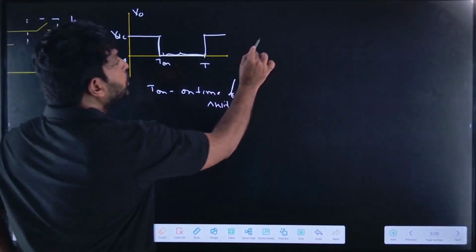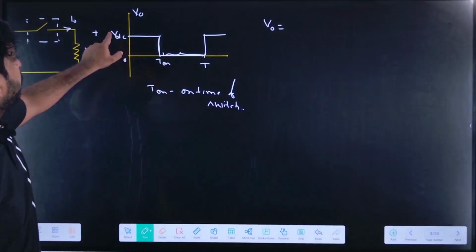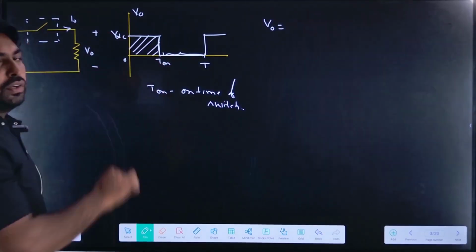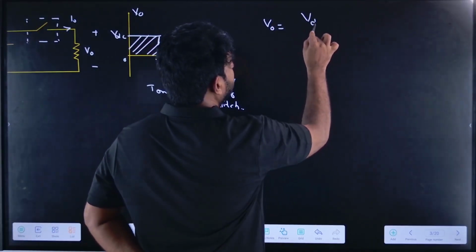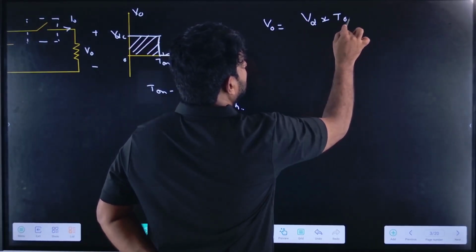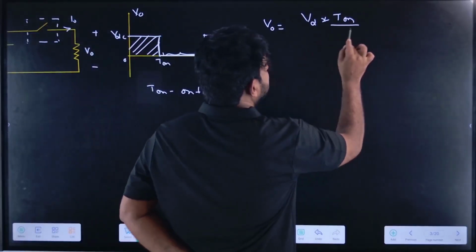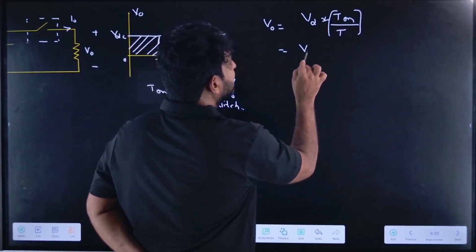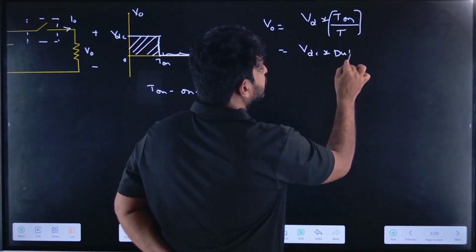The average output voltage V0 is equal to VDC into T on, the area of the V0 waveform, divided by the total time period. Let us take one cycle, which is equal to the total time period. So it is equal to VDC into the duty cycle D.